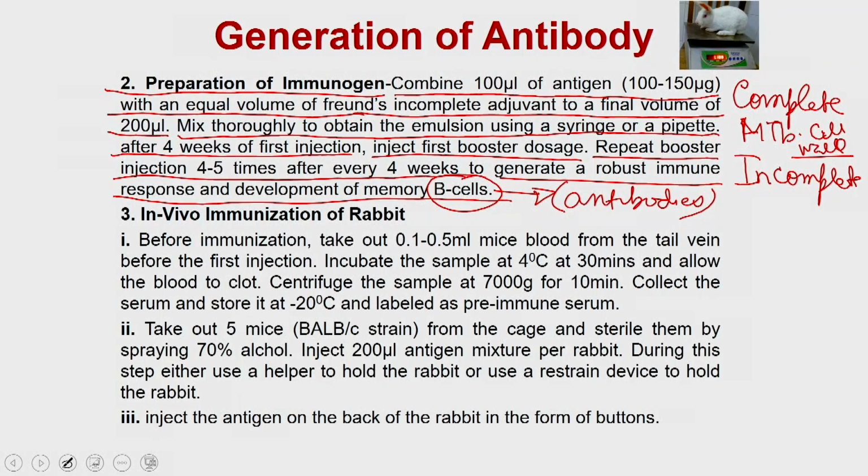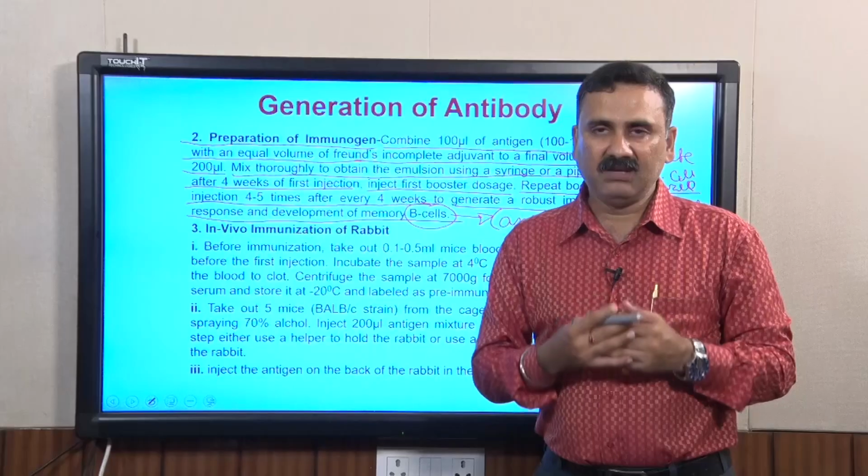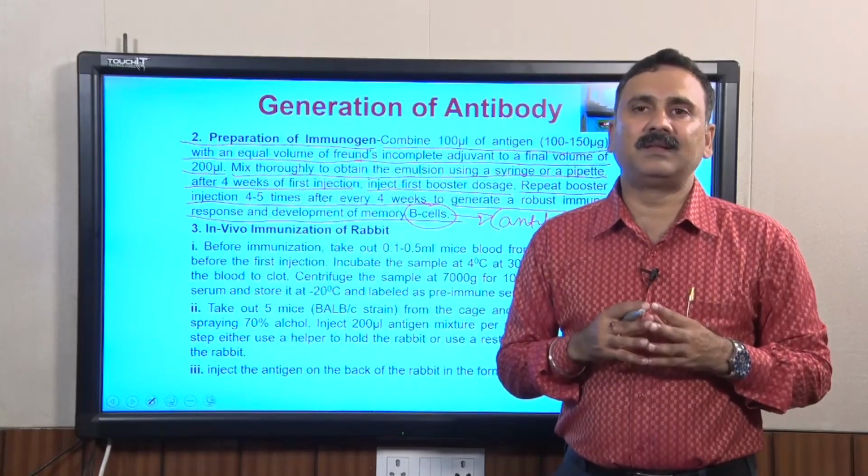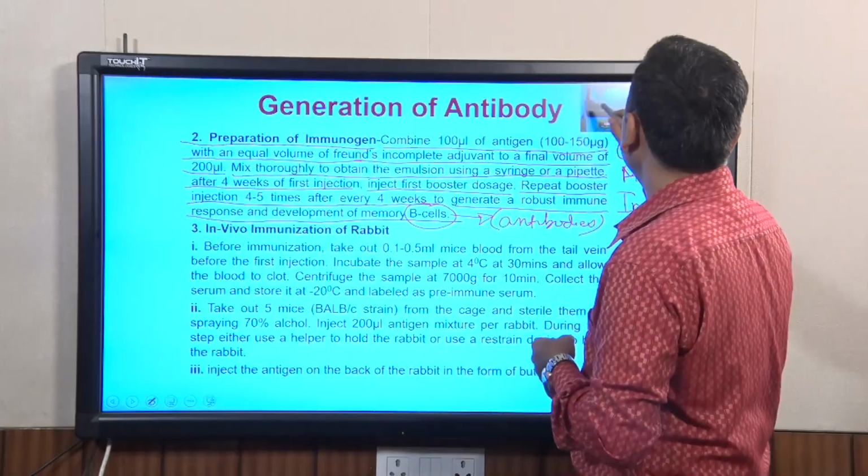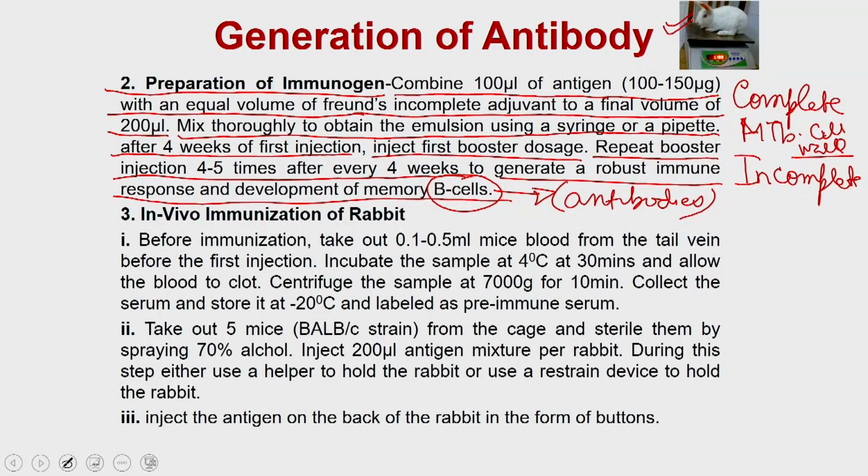Now, once you are done with this, you have to do the immunization of the particular animal. In this case, we have taken the example of a rabbit, and you can see a rabbit in the picture.